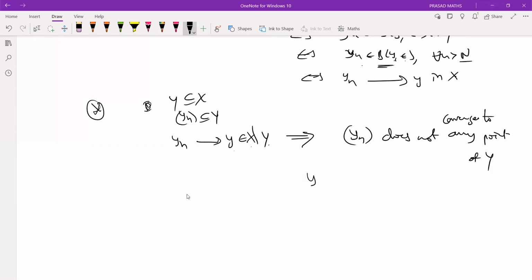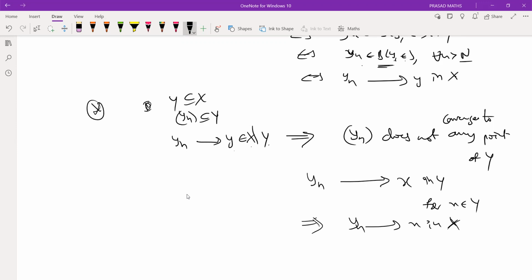Why? Suppose you assume that it is convergent in Y to some x in Y. By the previous result, y_n converges to x in X, because x is in Y. Yes or no?